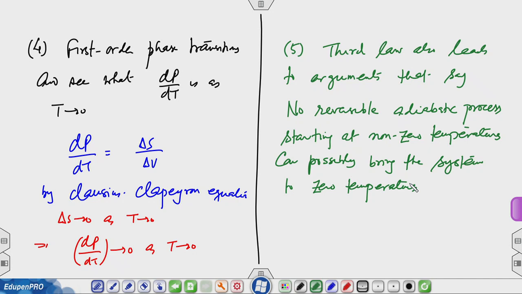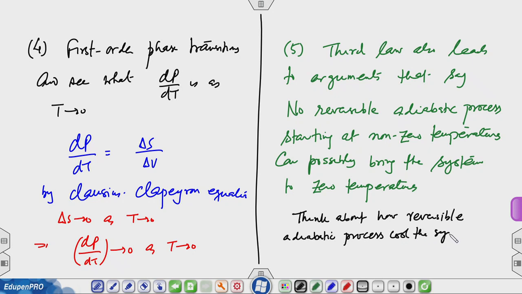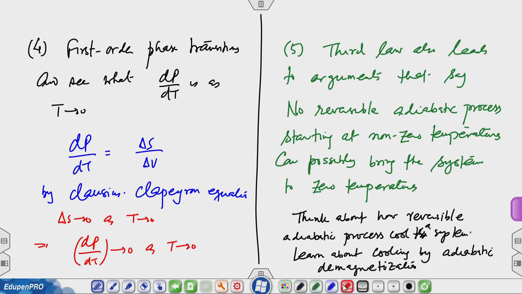Many words here, so I'll give you a question. Think about how a reversible adiabatic process can cool a system, and learn about cooling by adiabatic demagnetization, which is similar to what I said in the first part about how an adiabatic process can cool a system.